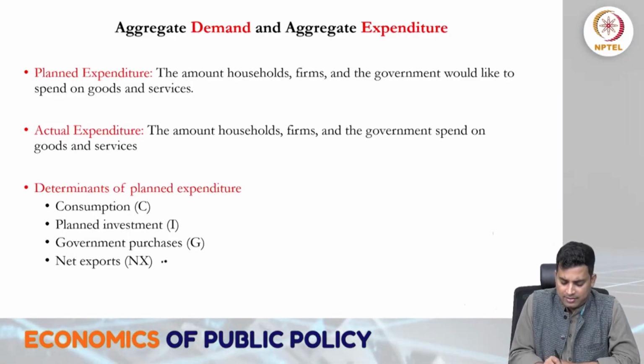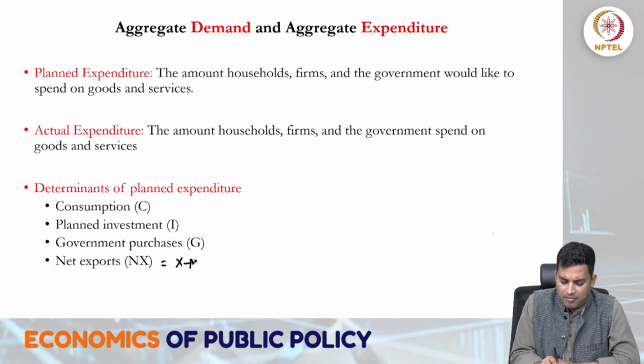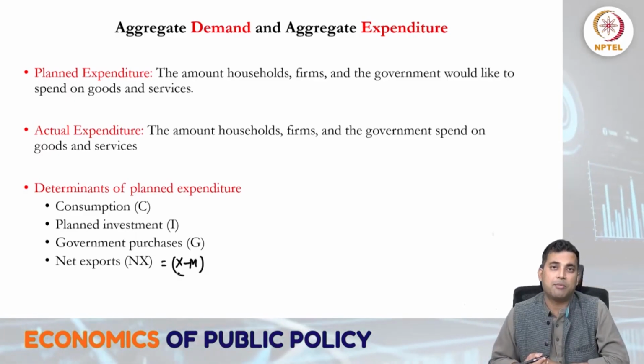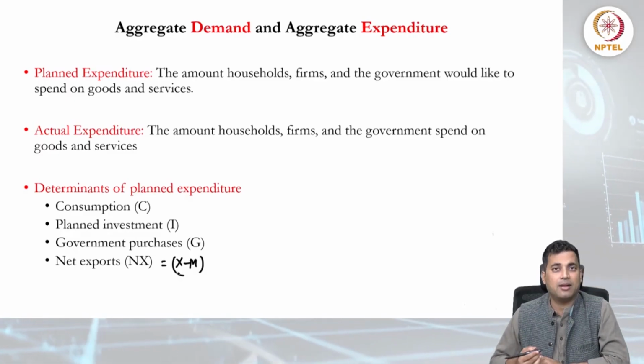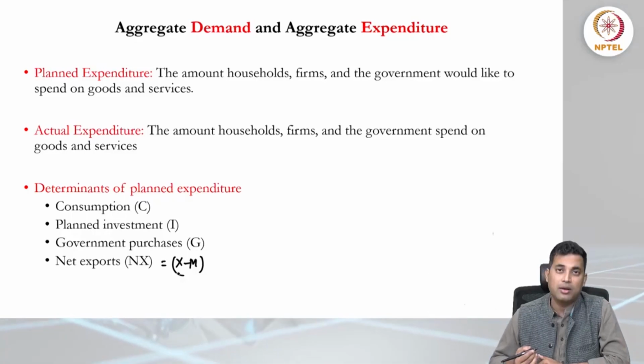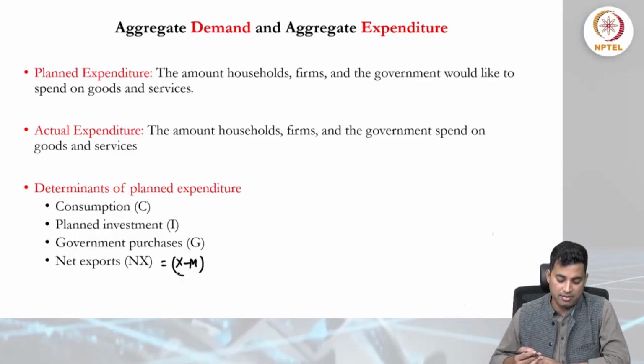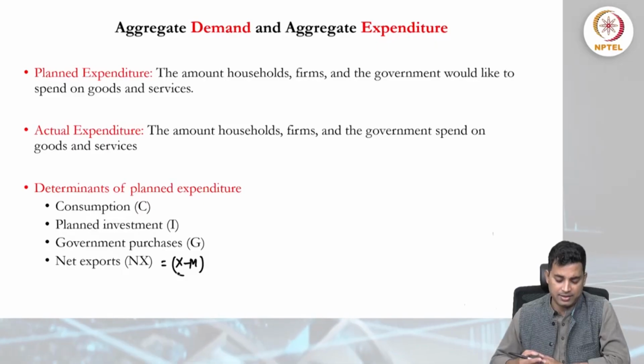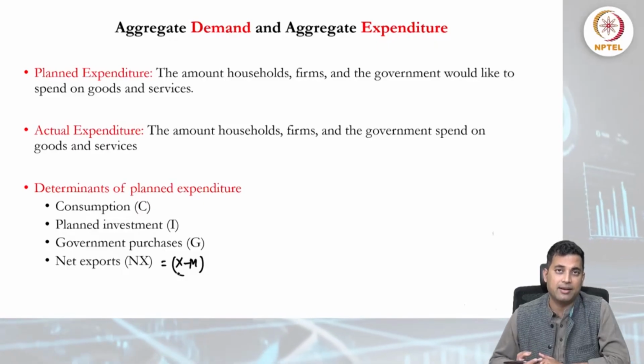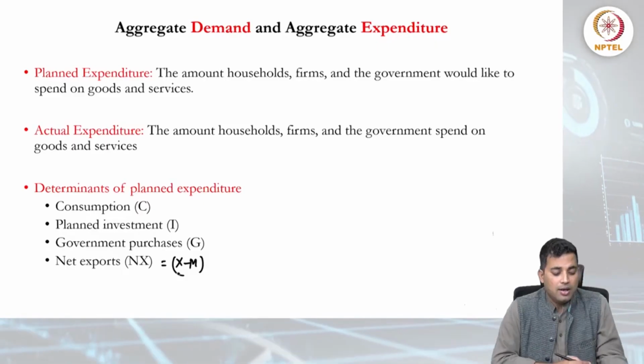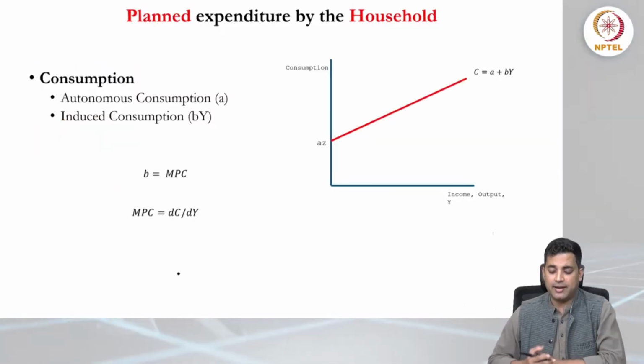NX is basically X minus M. If there is a surplus, exports will exceed imports, and in case of a deficit, exports will be less than total imports. So now let's move to the next.